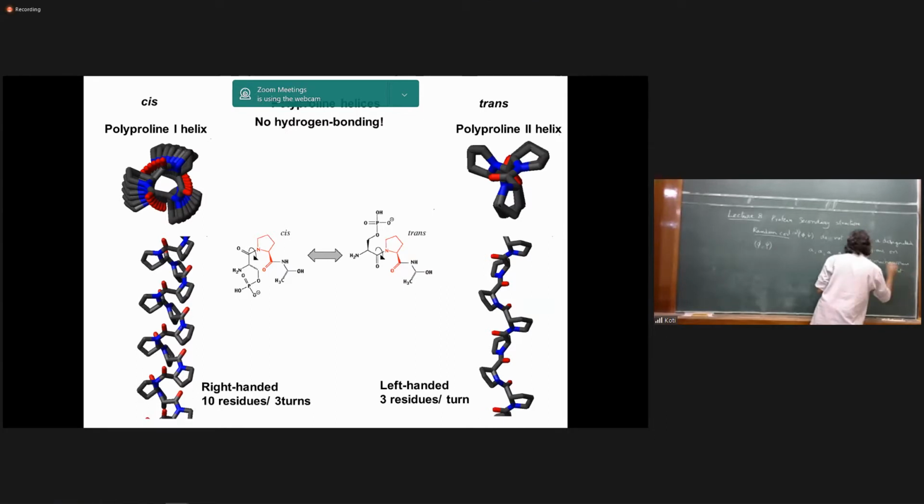In other words, to say something is random coil, you have random sets of phi and psi, so they don't really belong to these. So these are the major secondary structural elements.